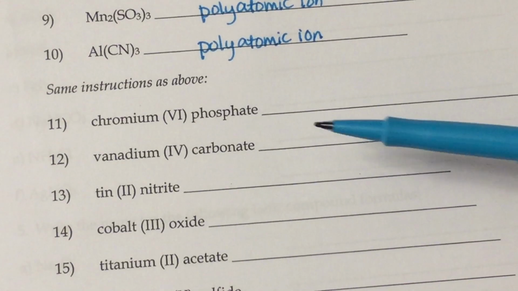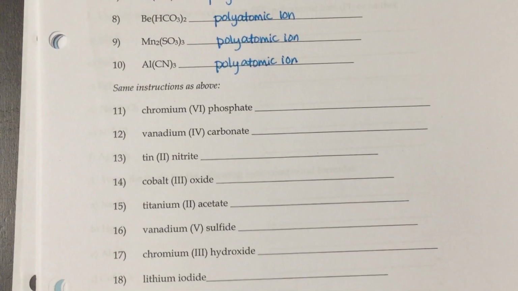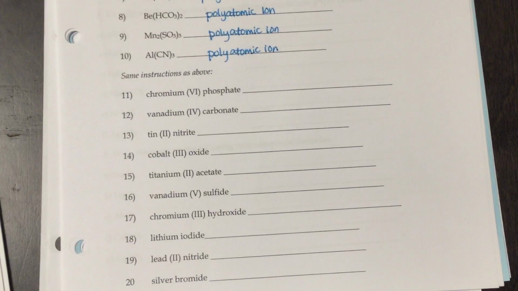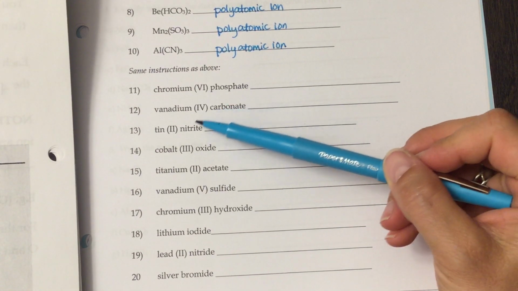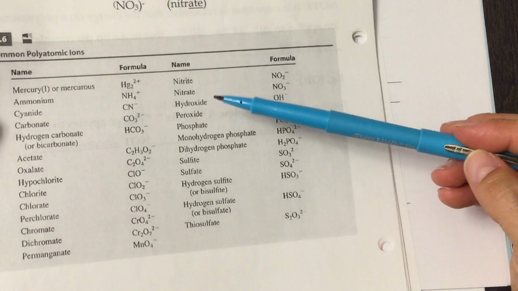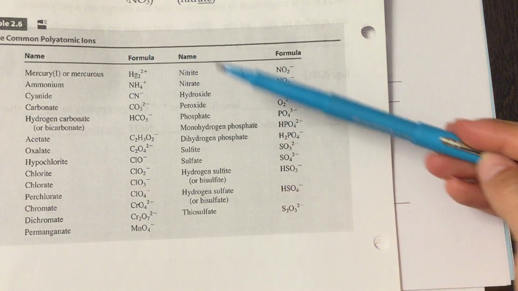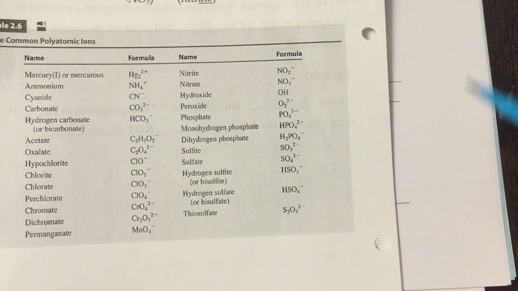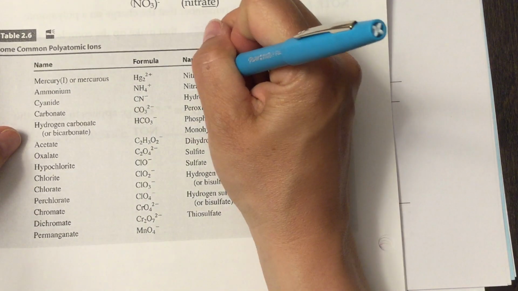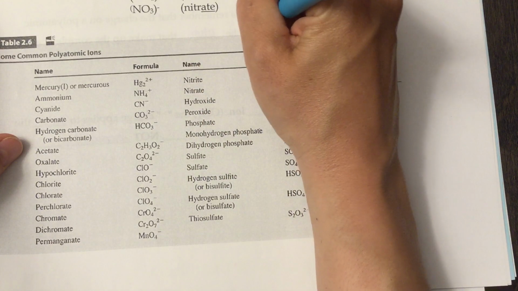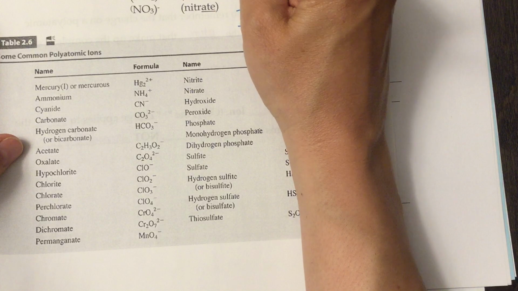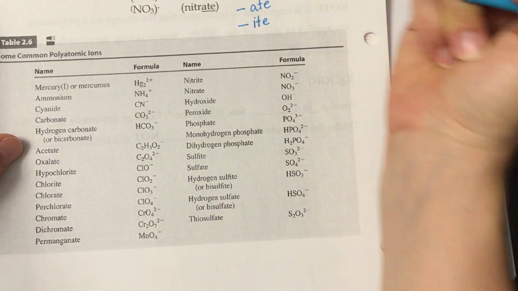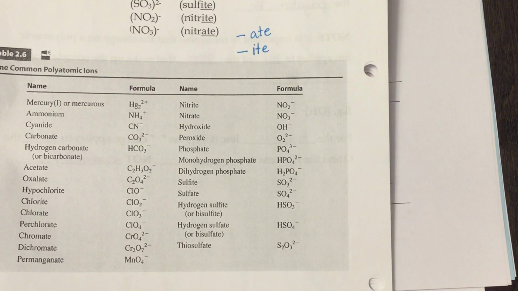And if we want to take a look down below and figure out from the name if it's a polyatomic ion, then all you have to do is take the names that are listed here and compare them to what you see here. One trick is that polyatomic ions often end in ITE or ATE. That's one clue.